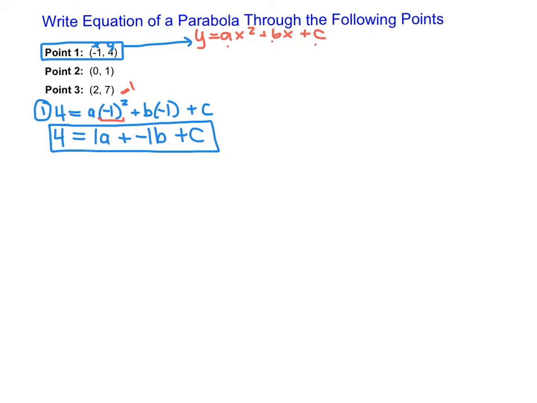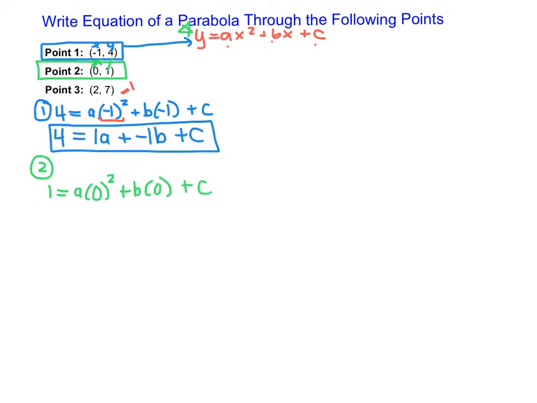So now I'm going to move on and create an equation for this second point. So here I have an x value of 0 and a y value of 1. So again, I'm going to substitute my values in. So my x value is 0 and my y value is 1. So following this format up here, I have 1 equals a times 0 squared plus b times 0 plus c.